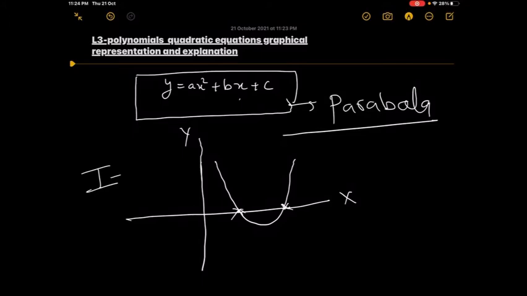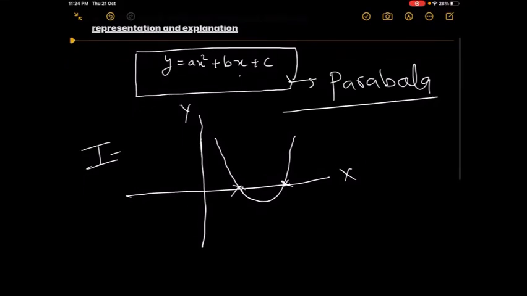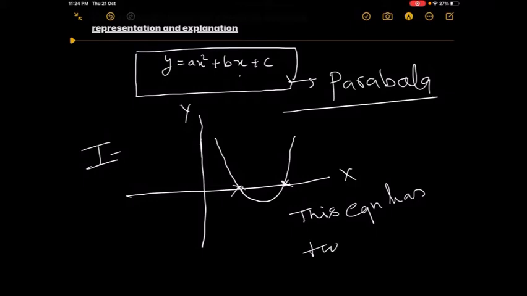This is opening upward and it intersects the x-axis at 2 points. So by looking at this, I can say that this quadratic equation has two distinct real roots. This is about roots.